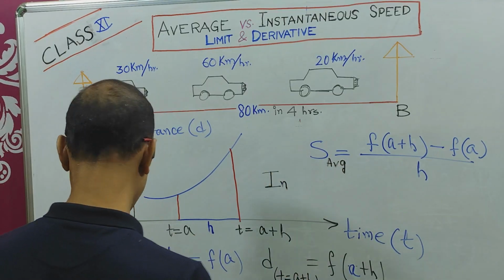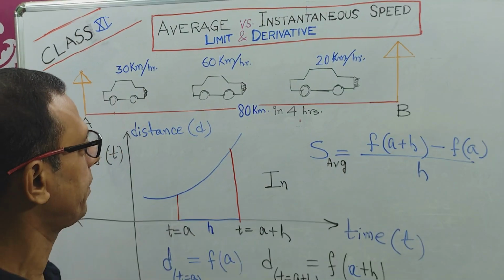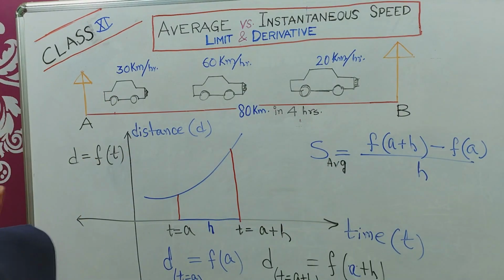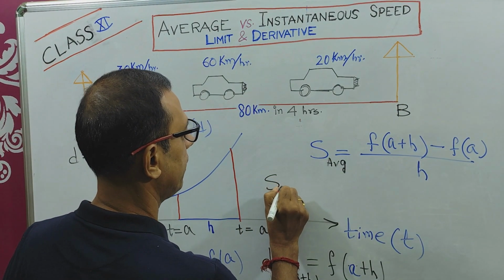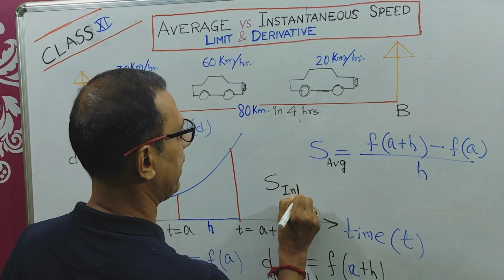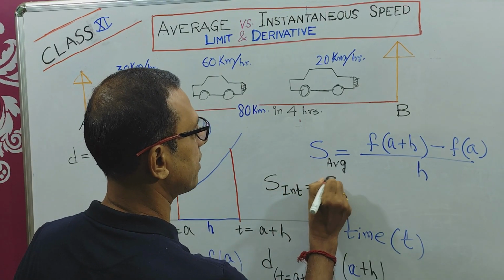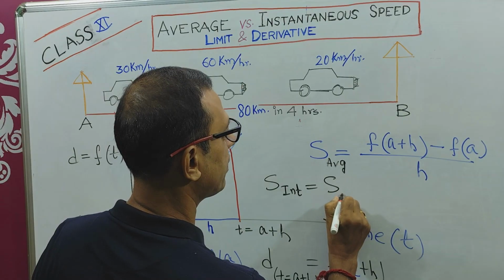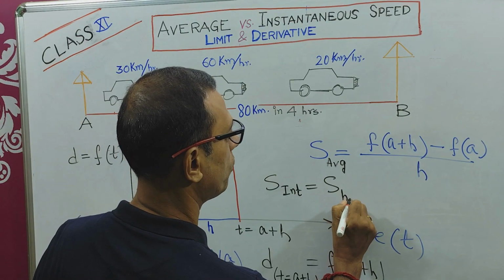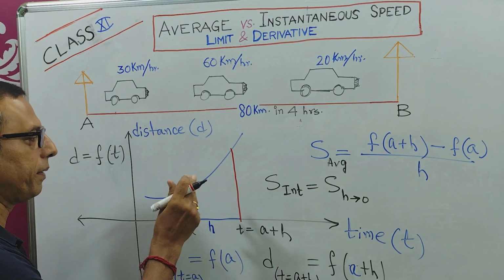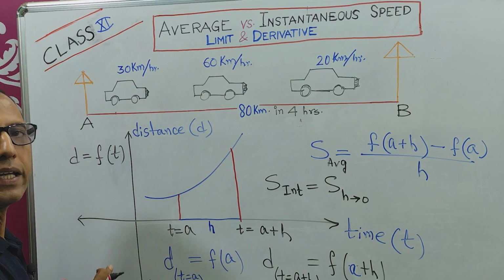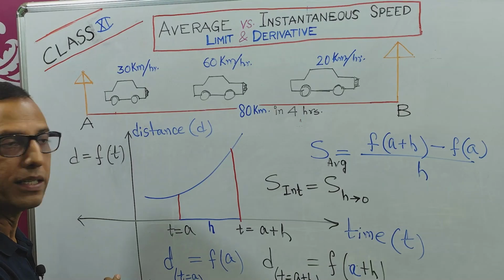Now I am considering the instantaneous speed. How does it look? S instantaneous, that means h is trending towards 0, the time consumed is trending towards 0. So actually I am taking the slope at that point, the instantaneous speed.